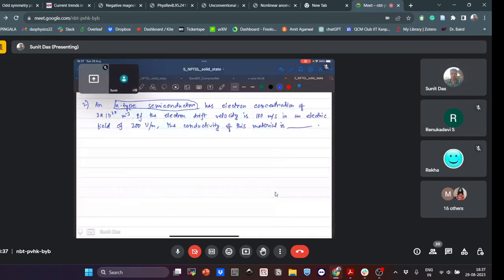Okay, so the electron concentration is given and the drift velocity is also given. Also the electric field that has been applied.